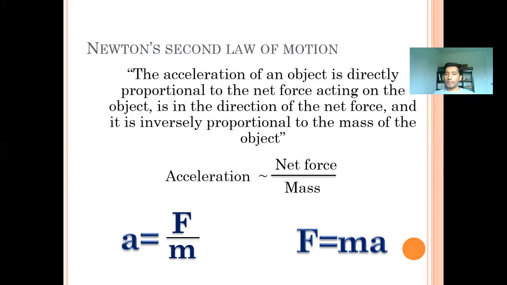If you have the mass of an object and acceleration, then you can easily find out force. How much force is applied there, right? And if two other quantities are given, you can calculate the remaining one. Like if you have mass and force, you can calculate A. If you have F and A, you can calculate m. Okay.